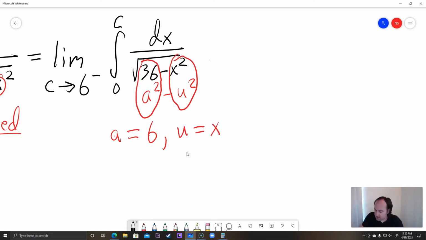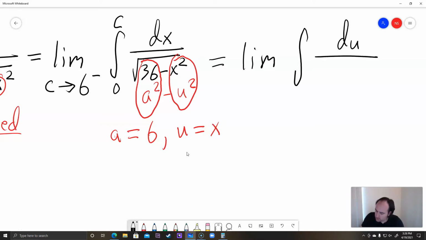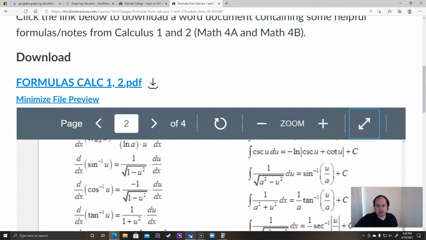So what we have here is the limit of the integral of du over the square root of a squared minus u squared, which, as I was just saying from your formula sheet, ends up being sine inverse. Okay, so that's sine inverse of u over a plus c.